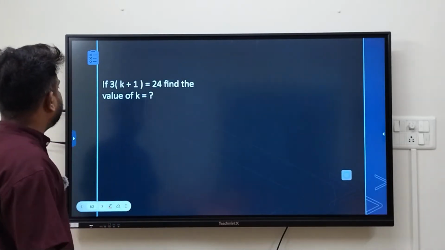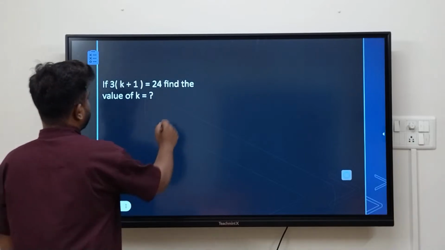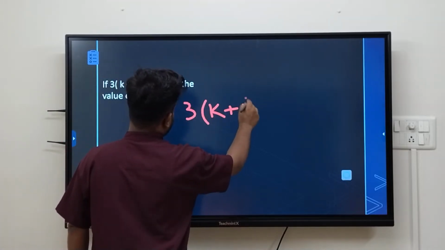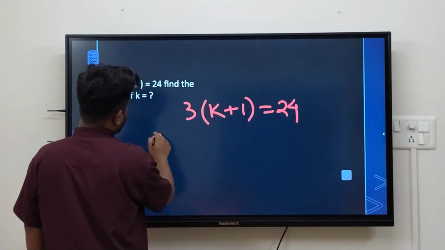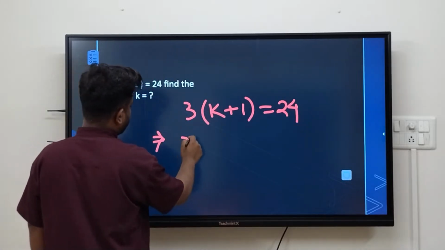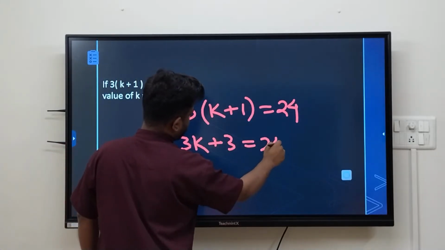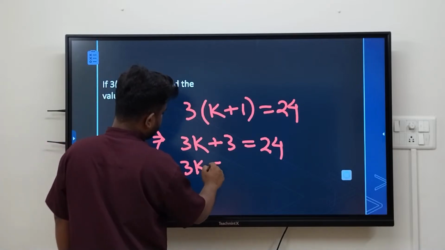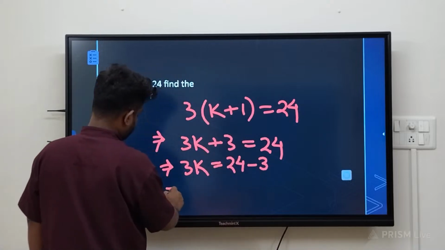Okay, if 3 into k plus 1 is equal to 24, find the value of k. So 3 into k plus 1 is equal to 24. So what we have to do, we have to just multiply these to make it like 3k plus 3 equals 24, so 3k equals 24 minus 3.